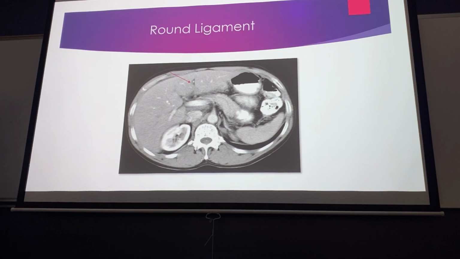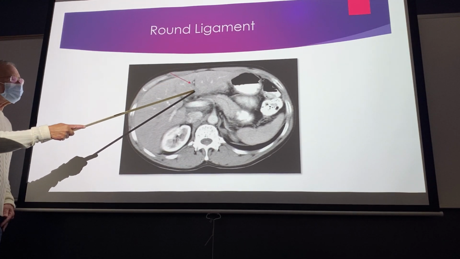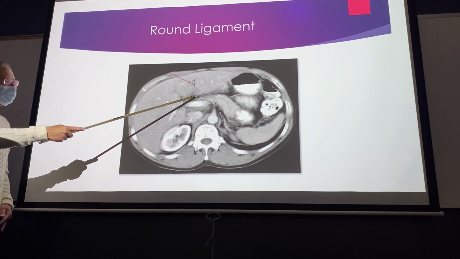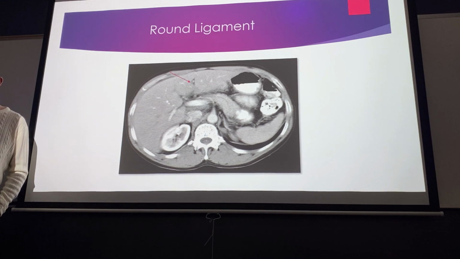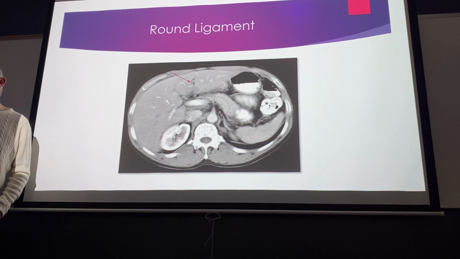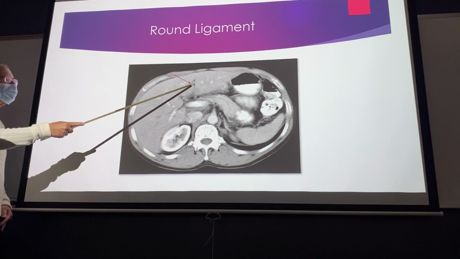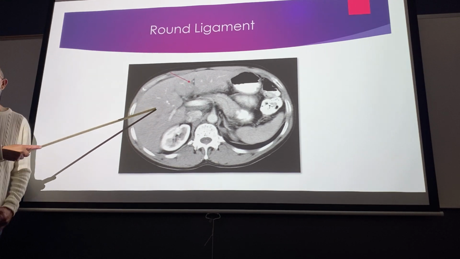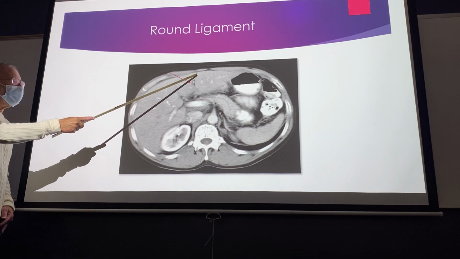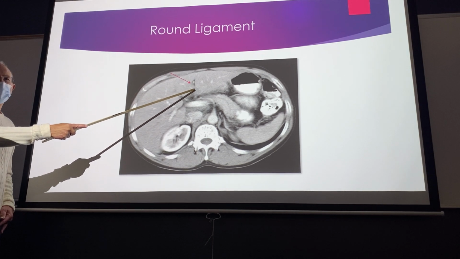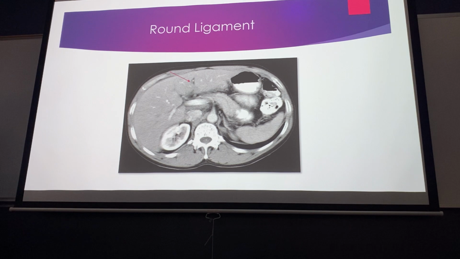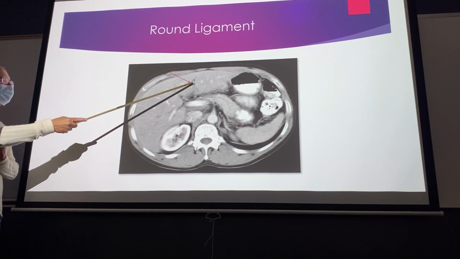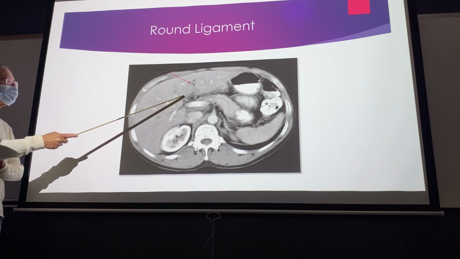In reality, there's a small cleft, small recess along this ventral portion of the liver, but what appears to be a space or large opening, in reality is the vast difference in terms of attenuation between the liver parenchyma or tissue and the fatty composition of the falciform ligament. So you look at this and think it's a fissure. In reality, it's the vast difference in attenuation between the falciform ligament and the surrounding liver tissue.